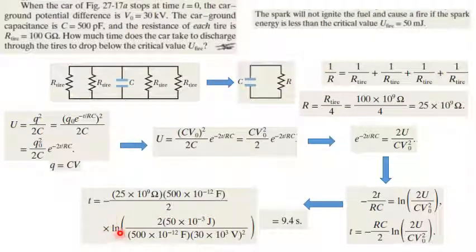multiplied by ln of 2 times the maximum value of U, 50 millijoule, milli is 10 to the power minus 3, over C 500 picofarad multiplied by V naught 30 kilovolt, 30 multiplied by 10 to the power 3 volt, squared.